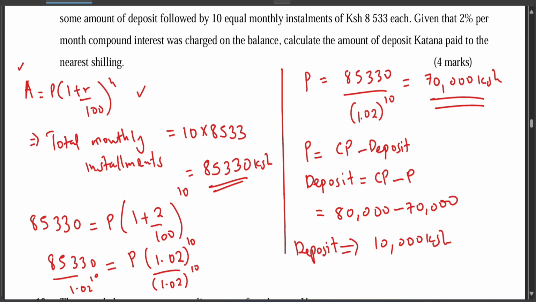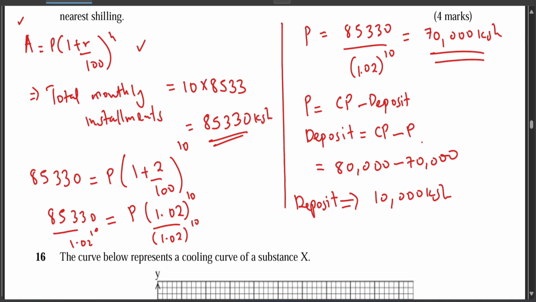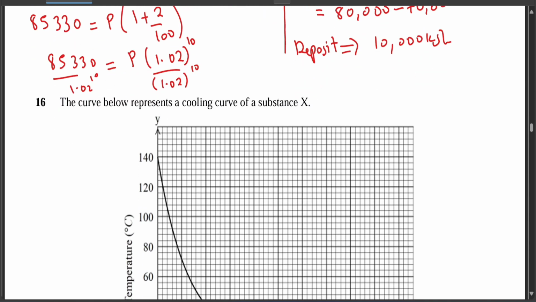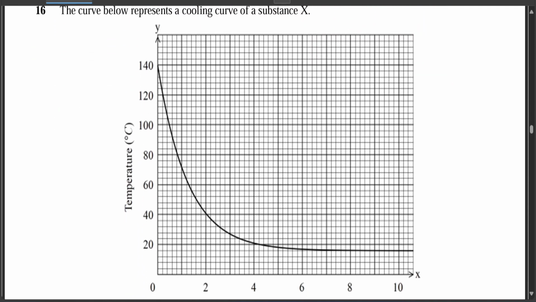So you were supposed to pay 70,000 as the installments, and the total money is 80,000. So you paid 10,000 as deposit, but the 70,000 tended to increase as the months went by. So okay, that's question 15, and this is the last question, which is question 16.